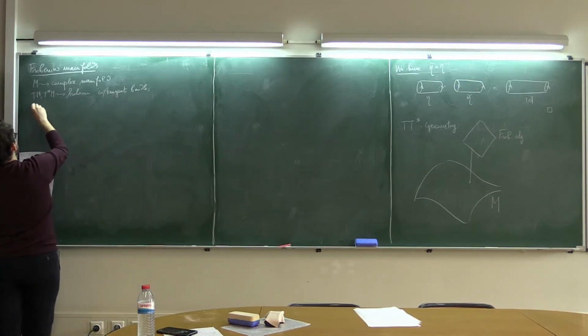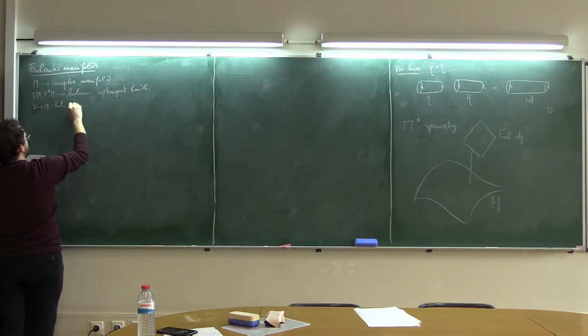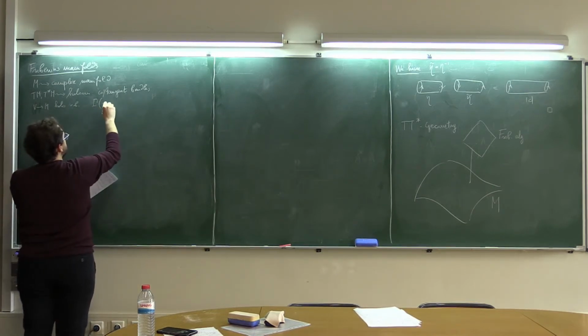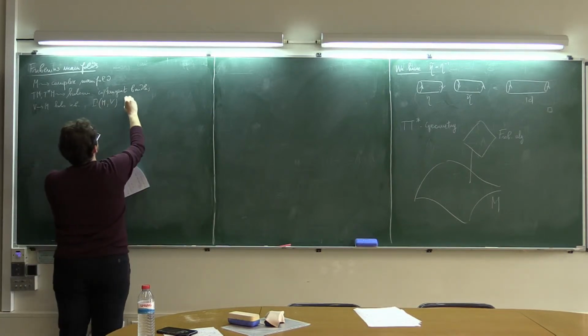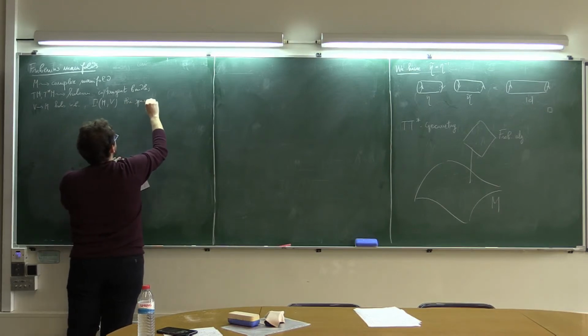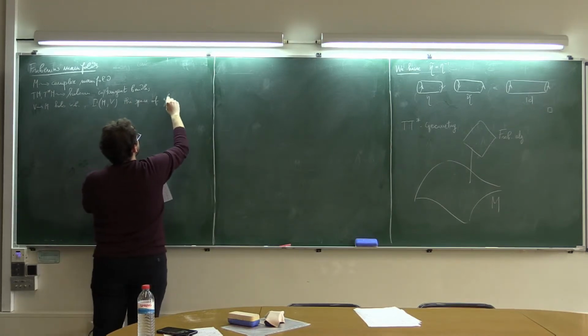Whenever I have a holomorphic vector bundle V over M, I will denote by gamma of M, V the space of global sections.